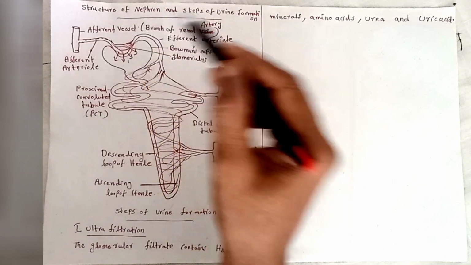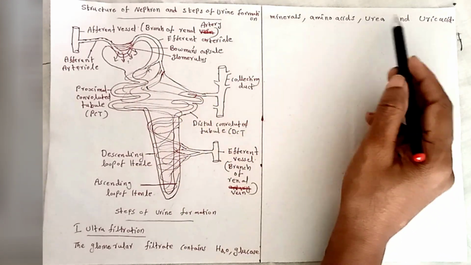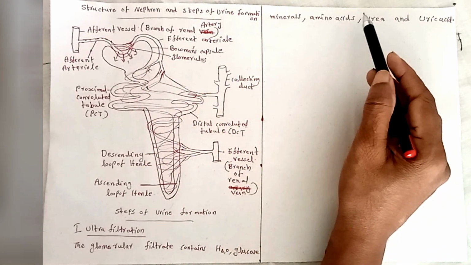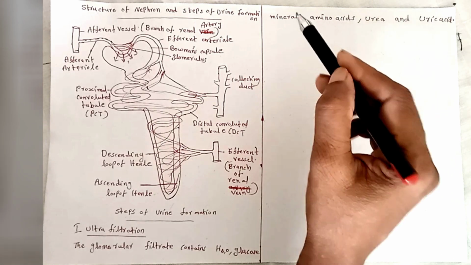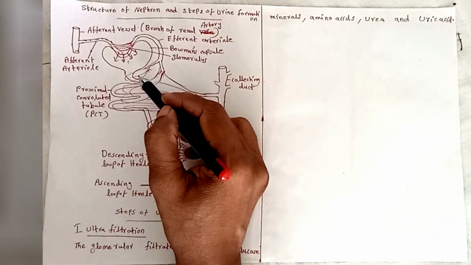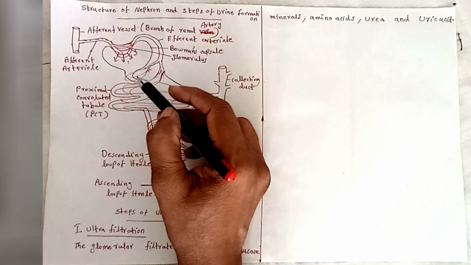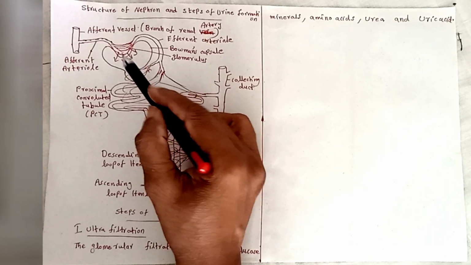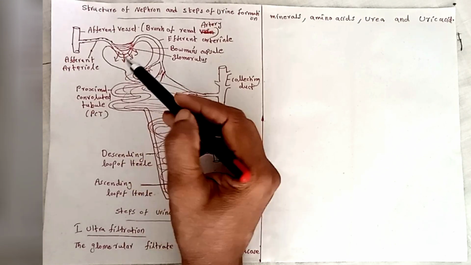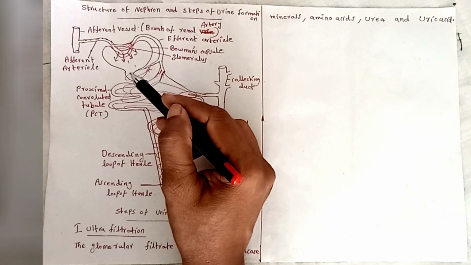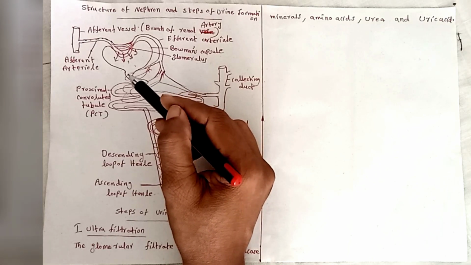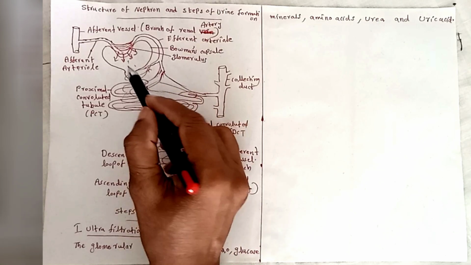These materials are the parts of plasma, filtered out of blood plasma into Bowman's capsule. This is a protein-free filtrate, proteins do not enter the Bowman's capsule. That means the glomerular filtrate, free of protein, is collected in the lumen of Bowman's capsule.